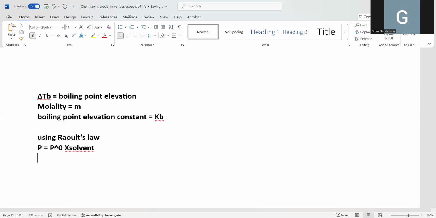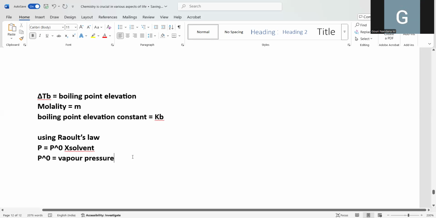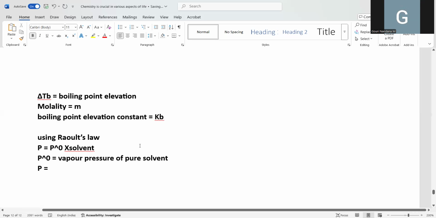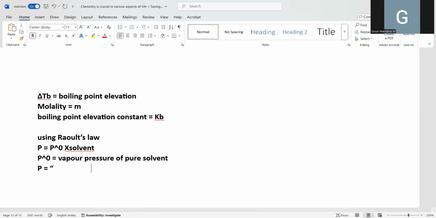Here P0, the 0, means vapor pressure. P0 is the vapor pressure of the pure solvent, and P is the vapor pressure of the solute.